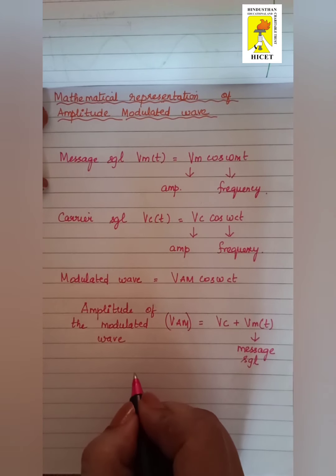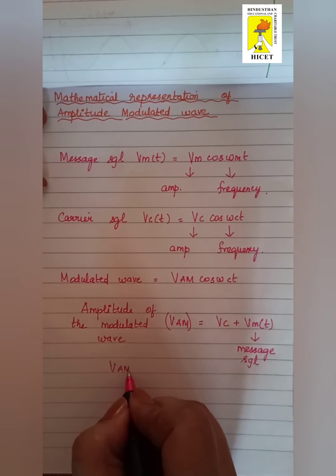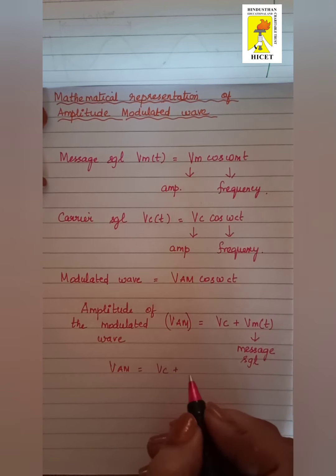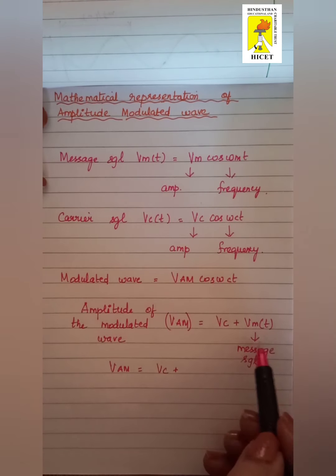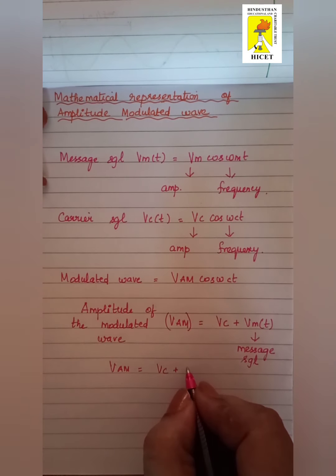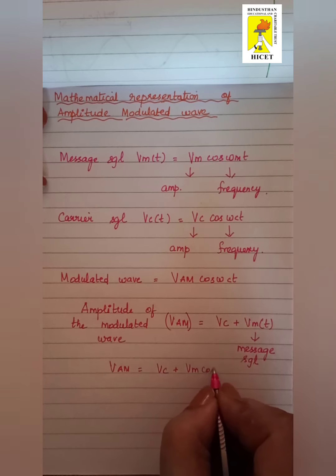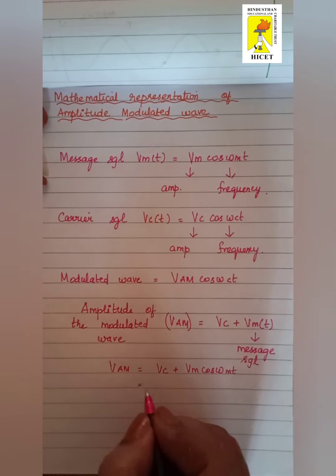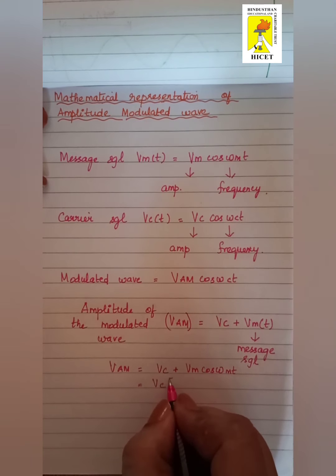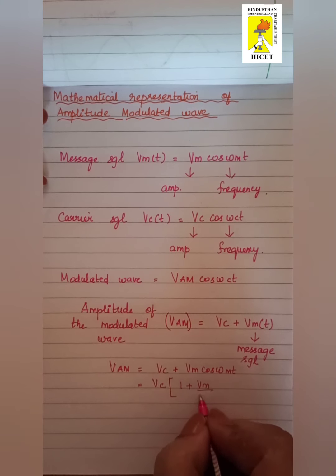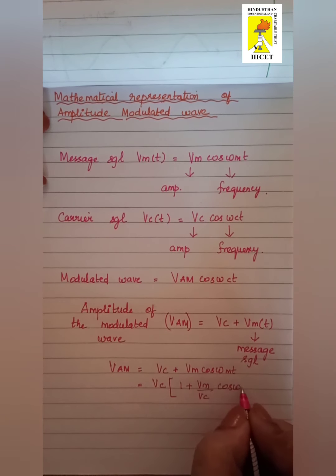So we can write it as Vam equal to Vc plus, substituting the expression for Vm of t, that is Vm cos omega m t. Taking this Vc outside, we can write it as Vc into 1 plus Vm by Vc cos omega m t.